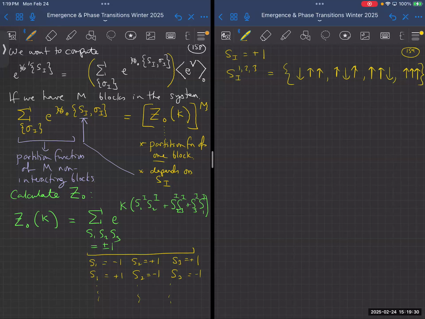So those are all the microscopic configurations that I have to sum over. So that then tells me that Z0 as a function of K is equal to, well, I've got 3 terms where I've got 2 spins up and 1 spin down.